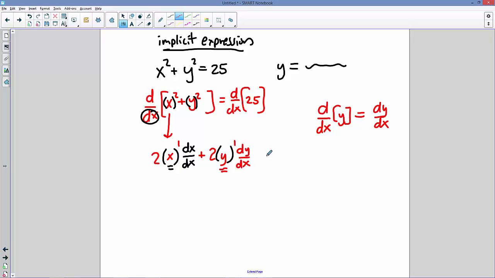dx, okay? Equals, now the derivative of a constant, I don't care with respect to what, it doesn't matter. This is not changing, constants don't change, so it's 0. Okay? Now, I'm looking to solve for this, right? That's what I want, because ultimately, I didn't write the question here, but I'll add it here.